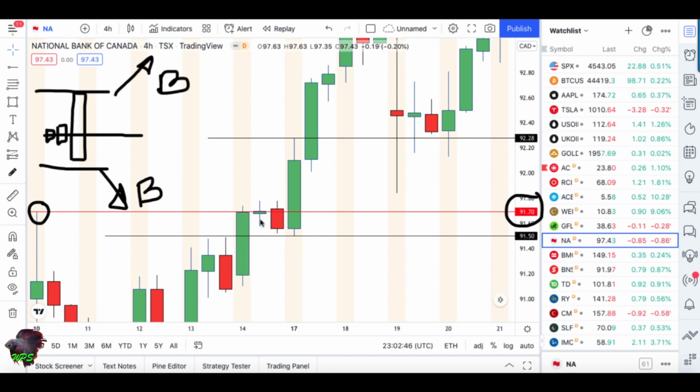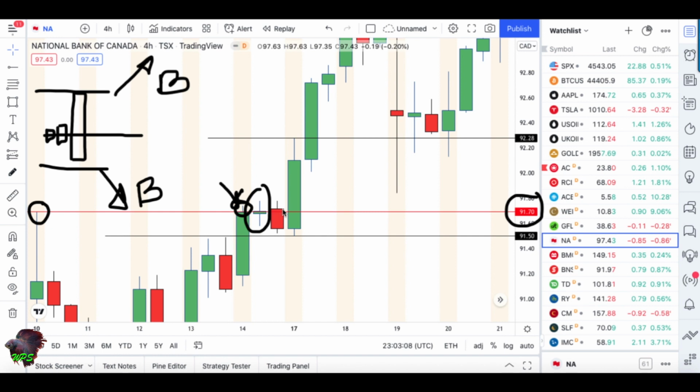So what we have here, we have one candle, which was indecision here. We noticed that this candle was trying to break out, was not able to. We have just a little wick that's hanging just above this 91.70. Again, we had this indecision right at that level here. You can see the body did not close on the other side.